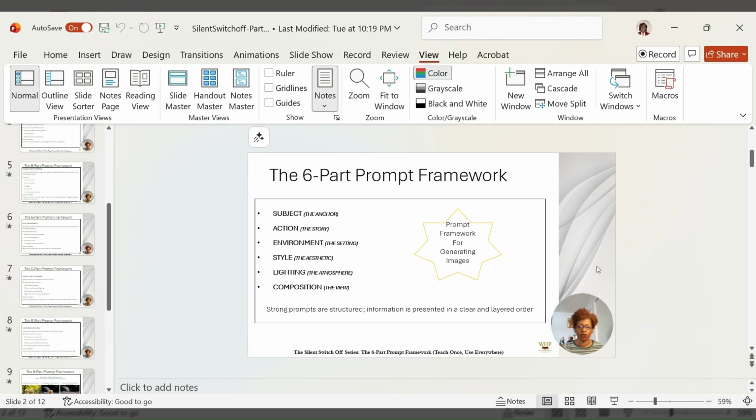Now that we understand what each component means and why it is necessary to generate a good prompt without violating ChatGPT rules, we're going to take that 6 piece prompt, drop it into ChatGPT, and begin to generate images.